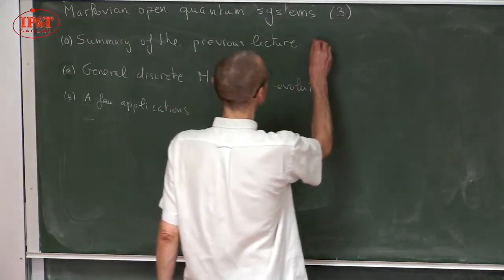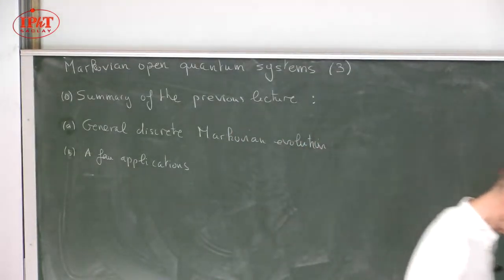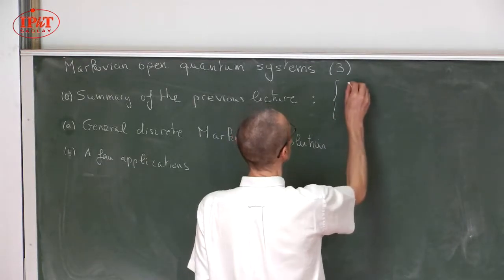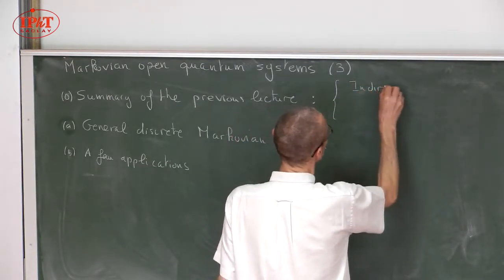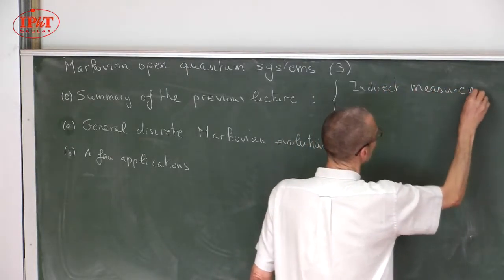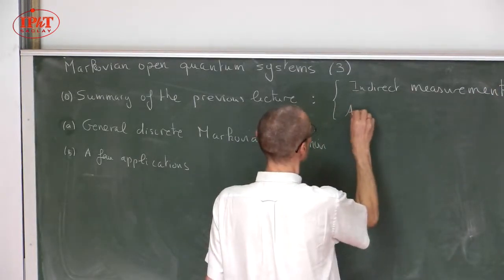So, to make a summary, the main result you obtained last time, we did essentially two things. We studied indirect measurements, and we had an application to progressive collapse.